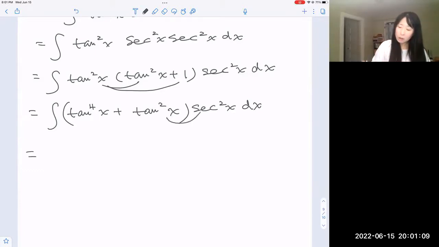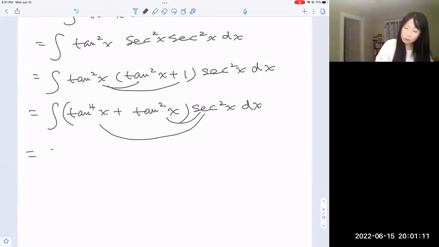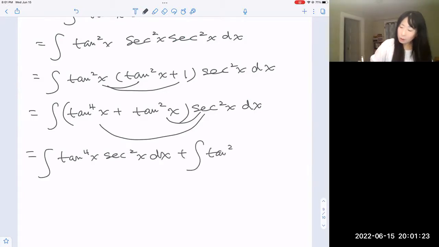So let us make this one tan to the fourth power secant square x dx plus tan square x secant square x dx, right? All right.